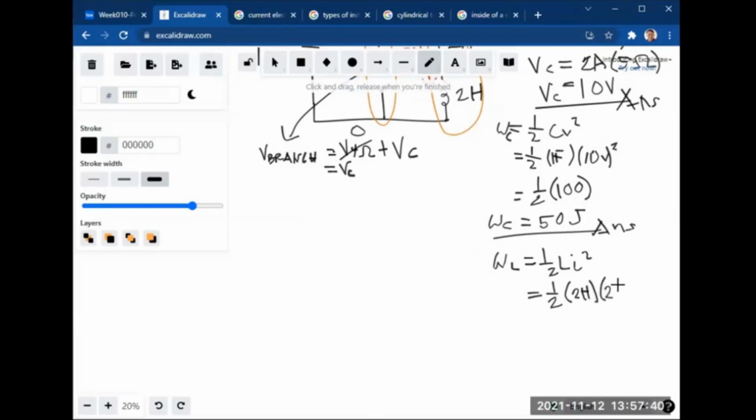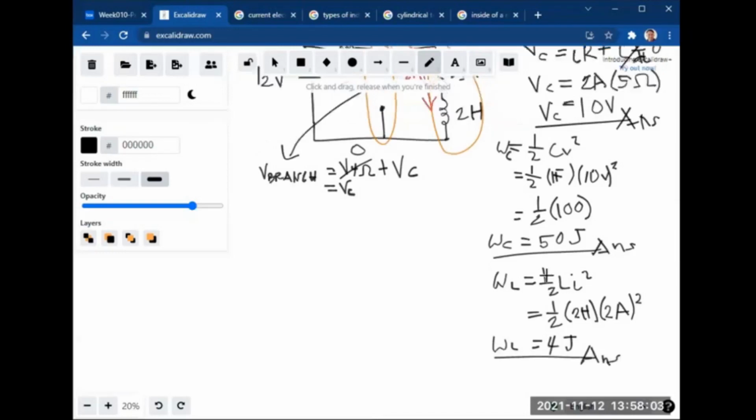Our current across the inductor is 2 amperes squared. So this will be 4, this will be 2. So 8 divided by 2. So 4 joules. Okay. So these are our values.